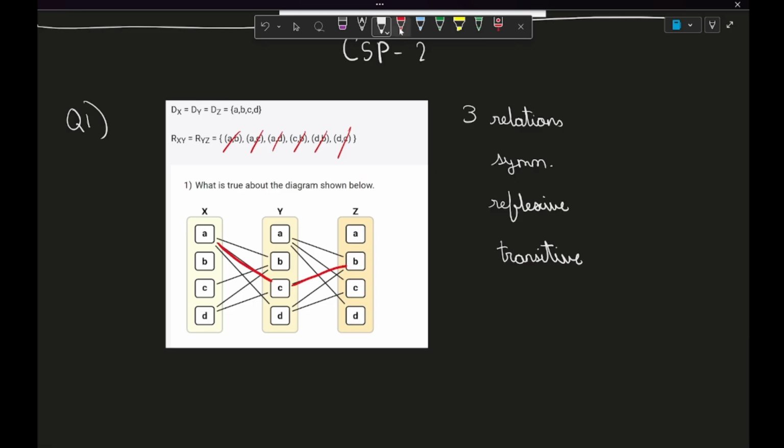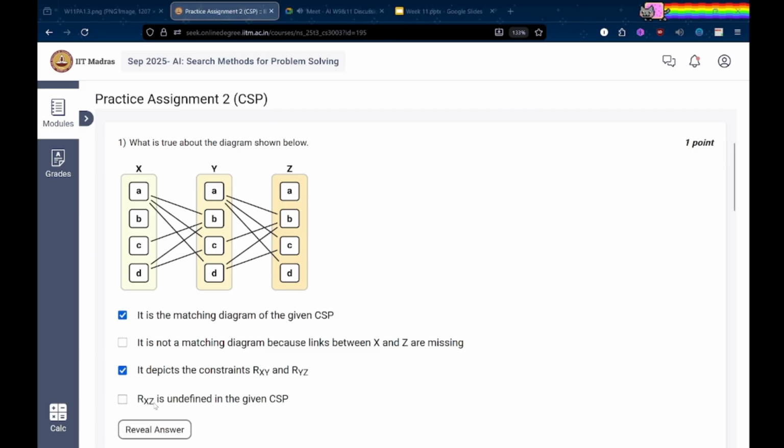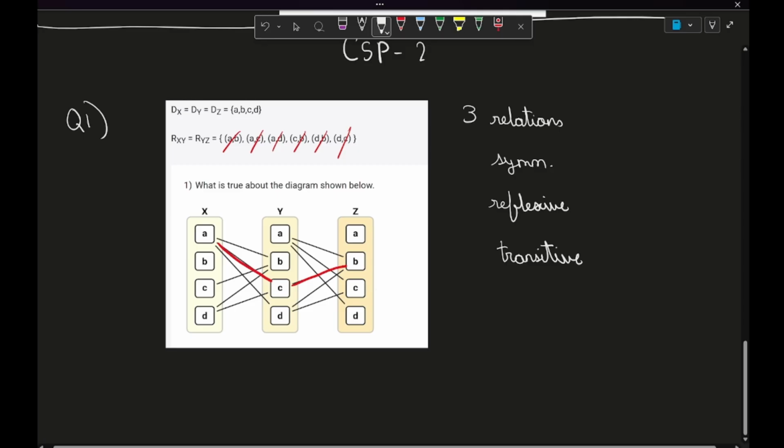So R on XZ is undefined if transitive relations are not allowed. But let's suppose it were allowed, then can we write in some way the relation between X and Z? Can we attempt that just as an exercise?